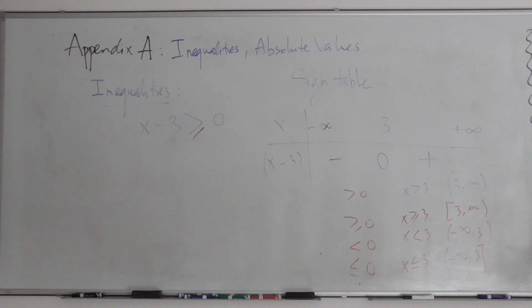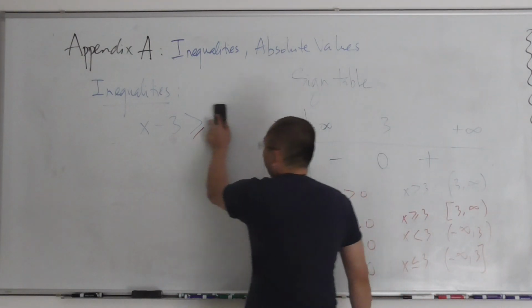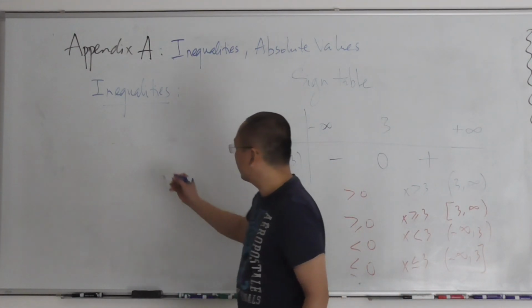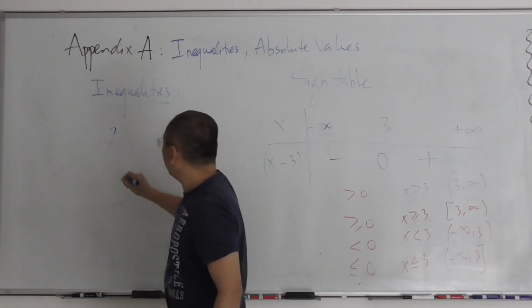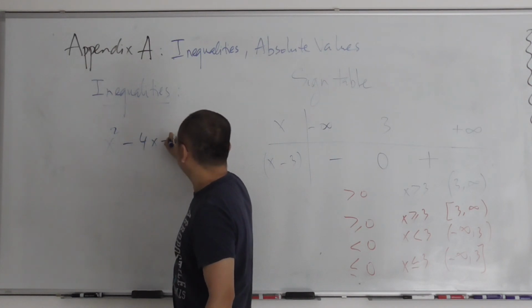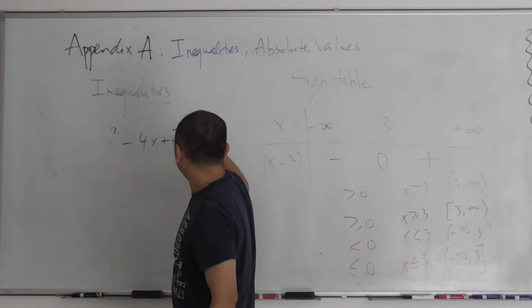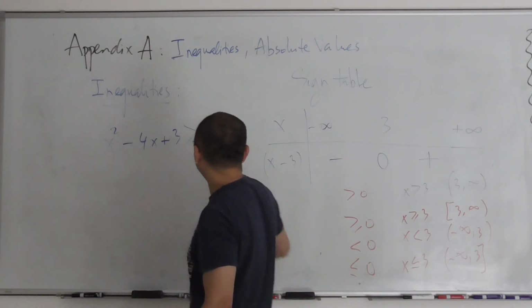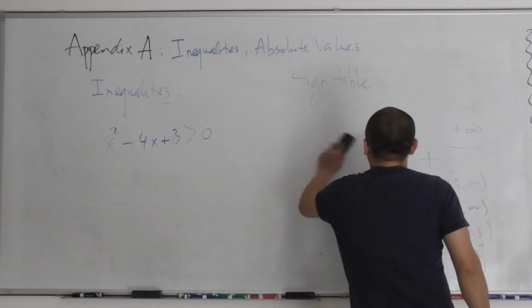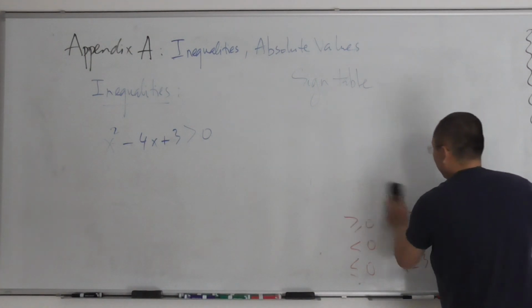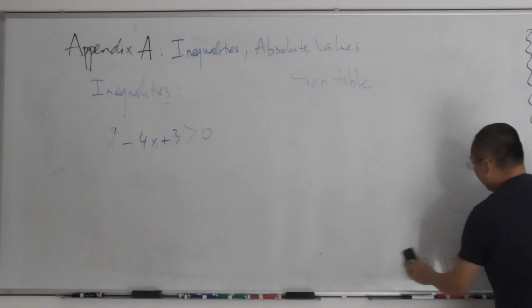Now let's move on to a little bit harder example. What if I ask you to solve for x this way? x squared minus 4x plus 3 to be greater than 0. Now it's not easy to solve for x in here.